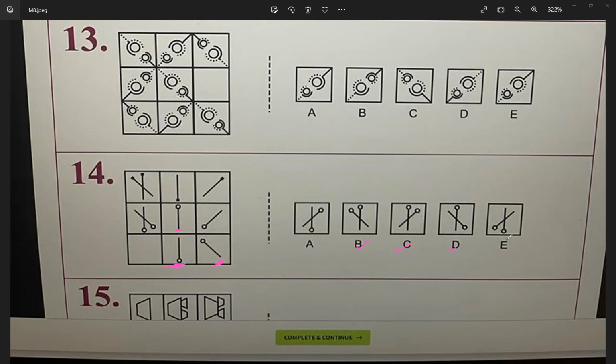You also flip the diagonal one. Yes. And what will be the answer? Would it be here? Maybe D.